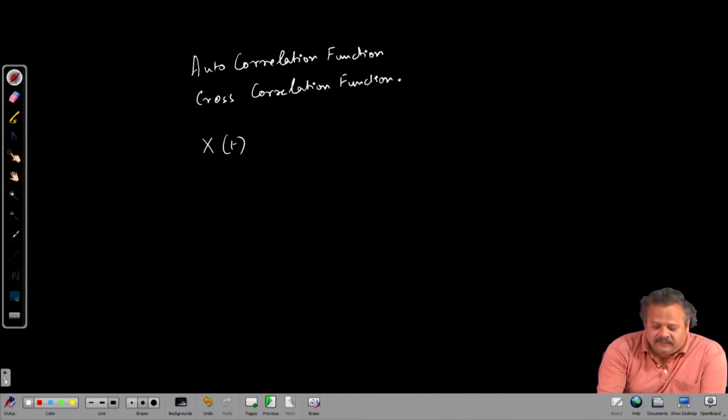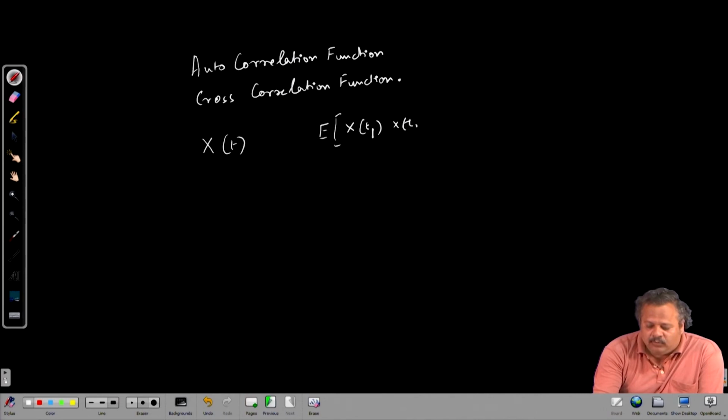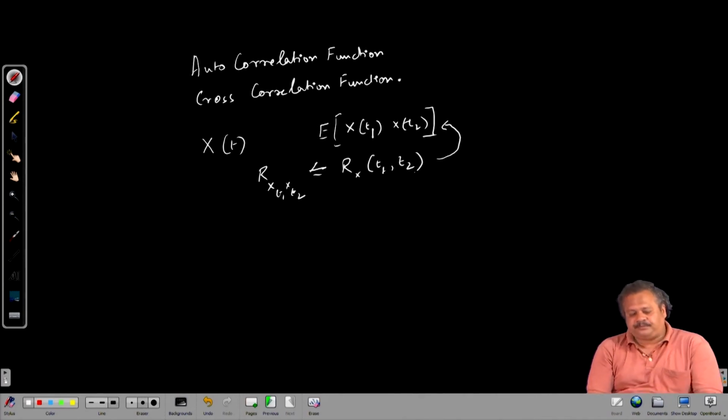The autocorrelation function is simply defined as the expected value of the random variable xt1 and xt2, product of these two, and that is called rx t1 t2, or we can also write it as rx at t1 comma t2, and that is this expected value.